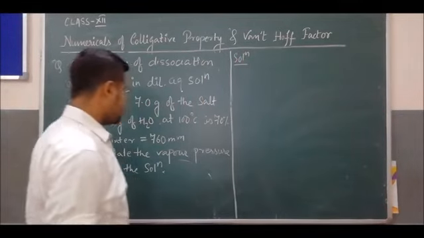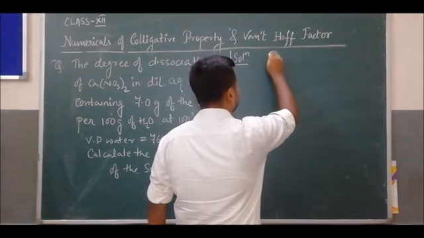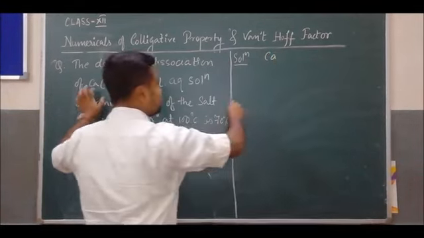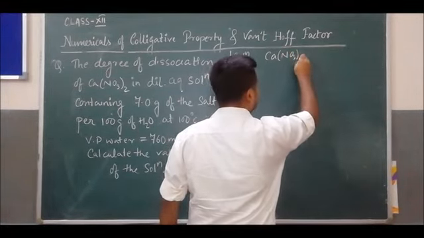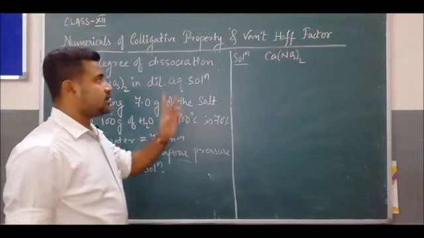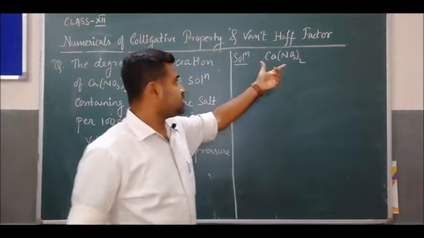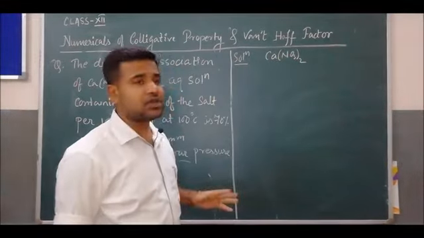Here it is given that dissociation takes place. So here the compound is calcium nitrate, Ca(NO3)2.